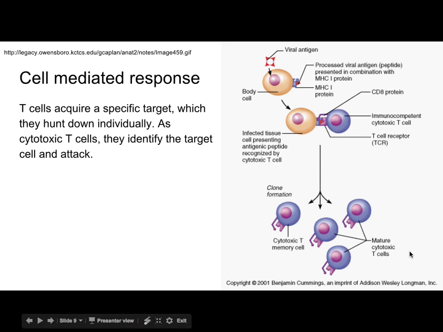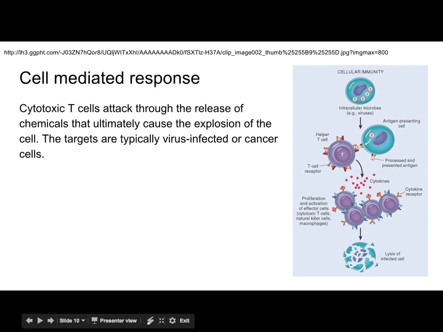And what those will do is they're going to go around and hunt down any cell that has the antigen. They're going to release chemicals that cause the cell to explode. Oh, well, that's fun.